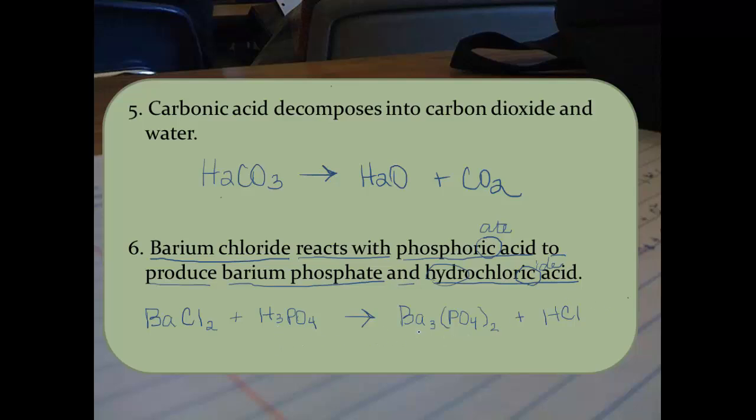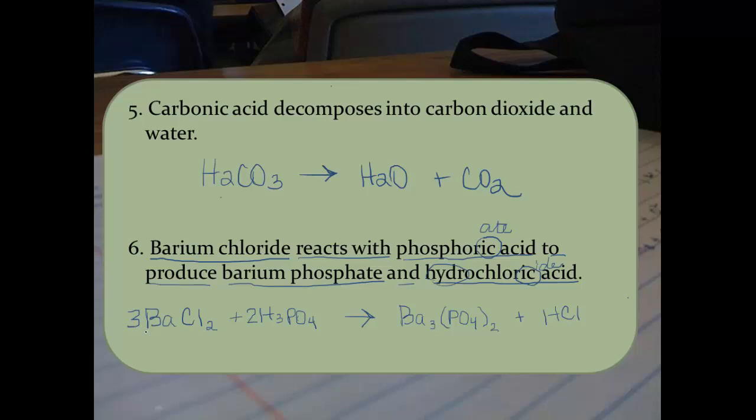So start with your metal, barium. So barium has 3 on the product side. I need 3 on the reactant side. Next, polyatomic ions. So I have phosphate on both sides of the arrow, so I can think about phosphate as a whole thing. So PO4, we have 2 on the product side, so we want 2 on the reactant side right there. Now I consider non-metals other than hydrogen, oxygen, leave those for the last. So chlorine.